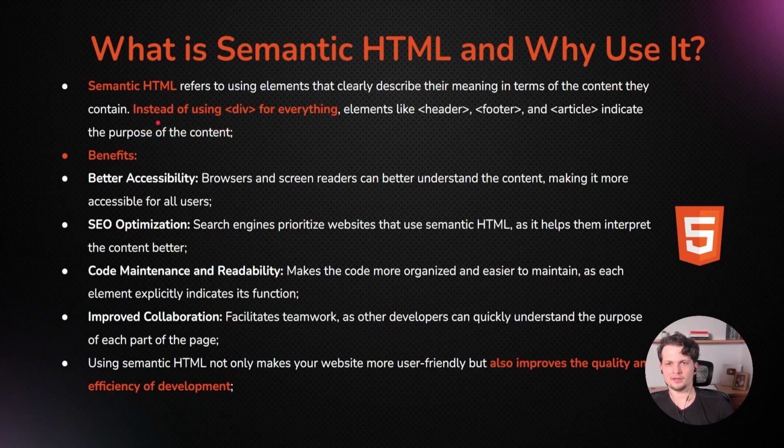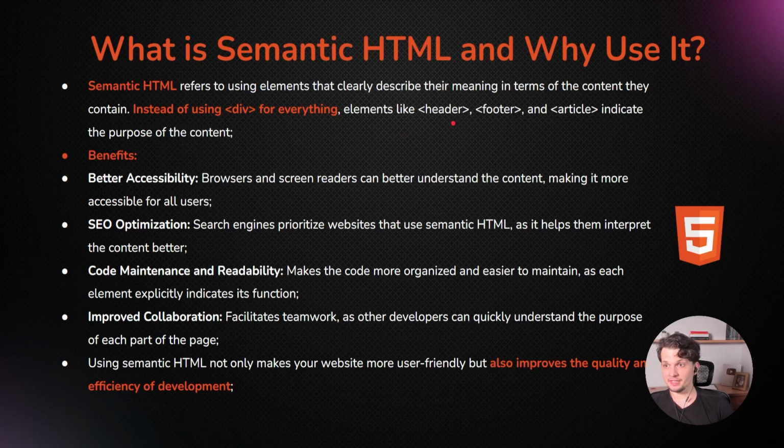So this wasn't good for our code because we can't understand what is the header or what is the footer of our website. We have to use IDs or comments to describe these sections, and with semantic HTML we end this. We can use tags that have meaning. So instead of using div for everything, elements like header, footer, and article indicate the purpose of the content.